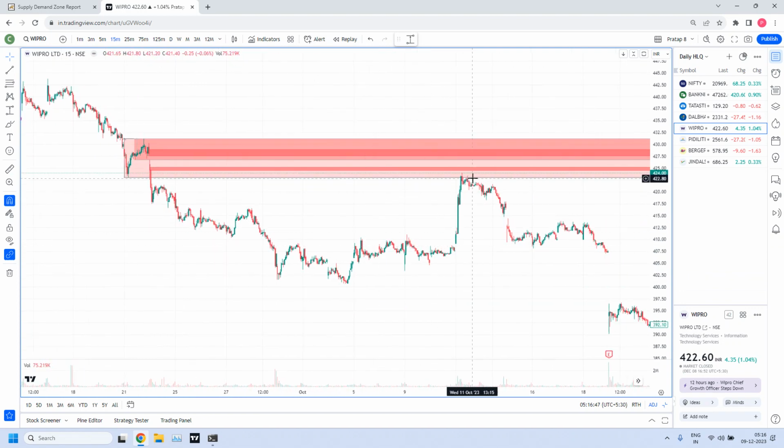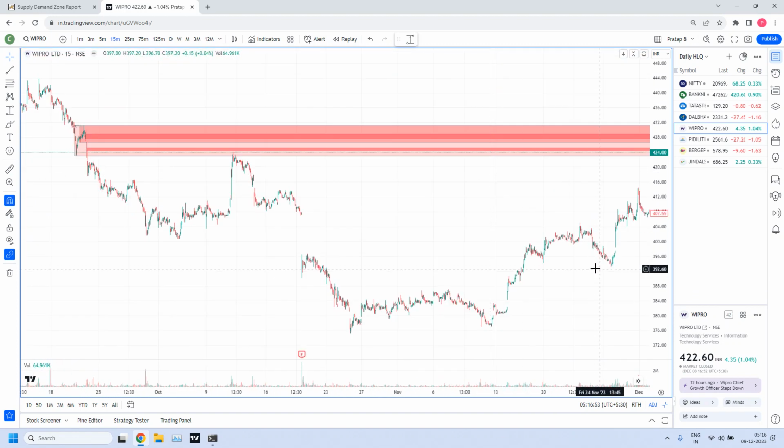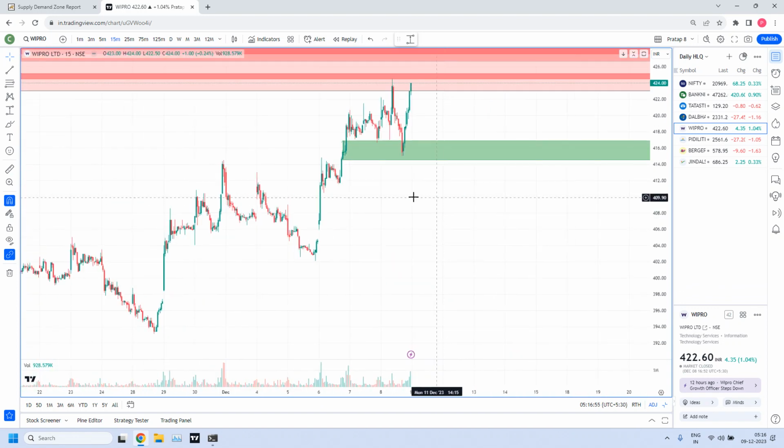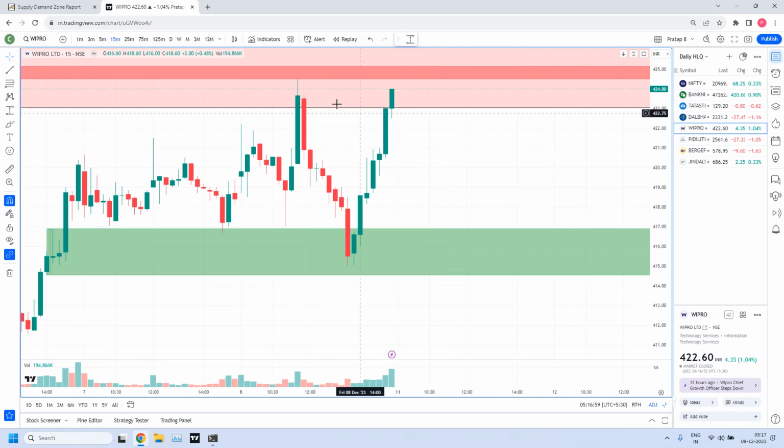There we identified a 1 minute zone, and today prices entered into that 1 minute zone. But we named this trade an aggressive trade. Today it just entered into the 1 minute and immediately pushed down, because the order flow is very strong here.